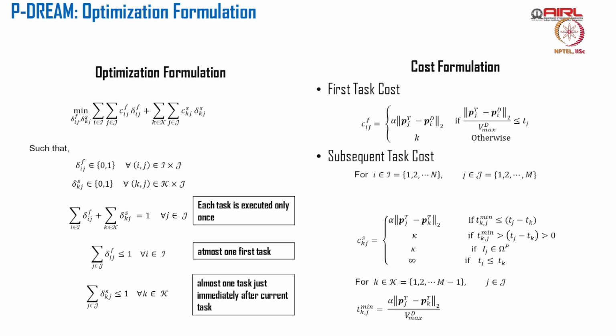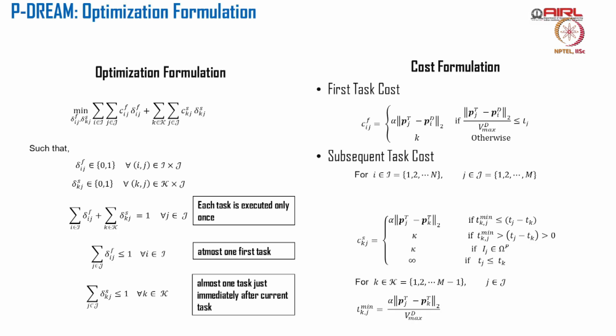The same task cannot be assigned to 2 different drones. At most one task immediately after the current task, and each task is executed by only one drone. So, we have to put some constraints, which we want to minimize, and we optimize this problem.